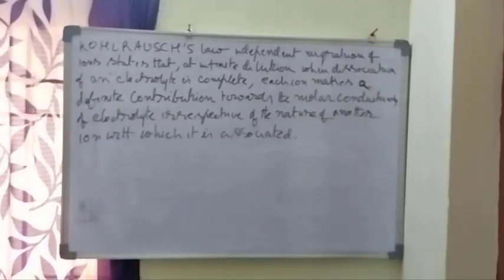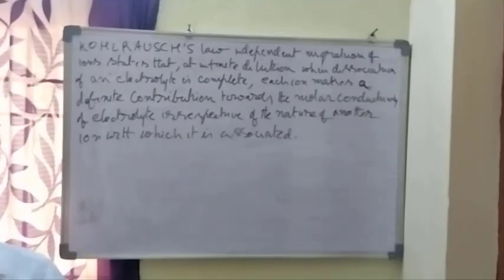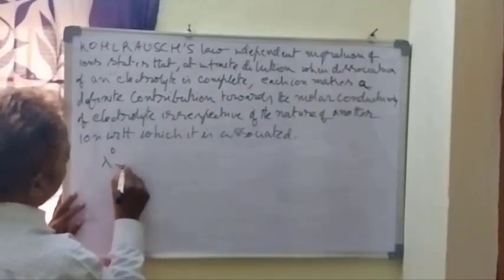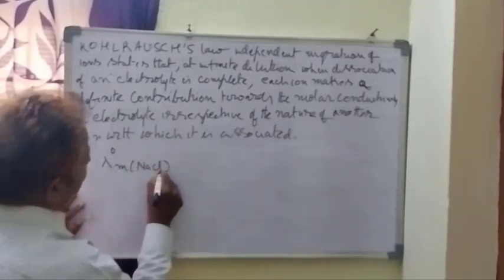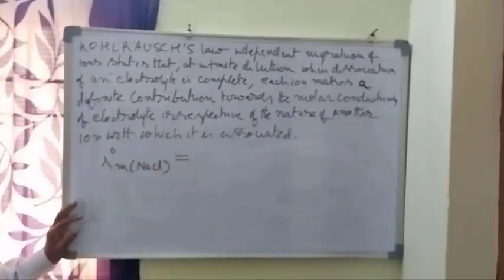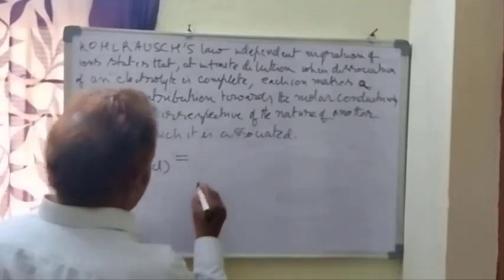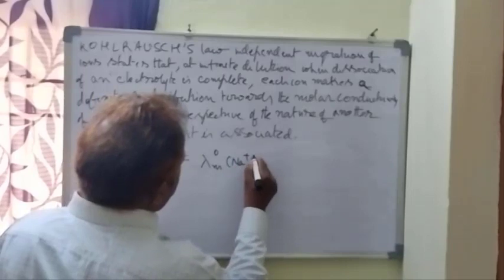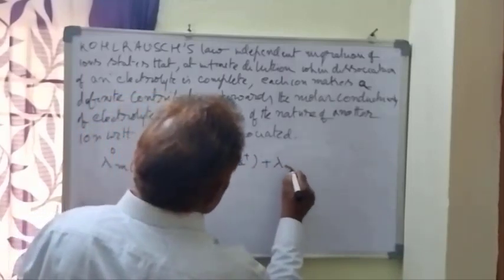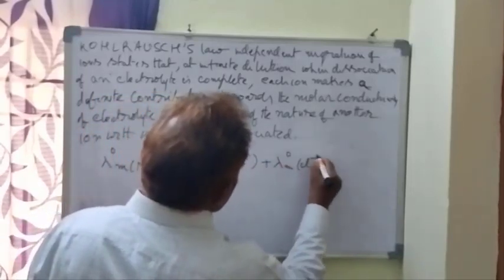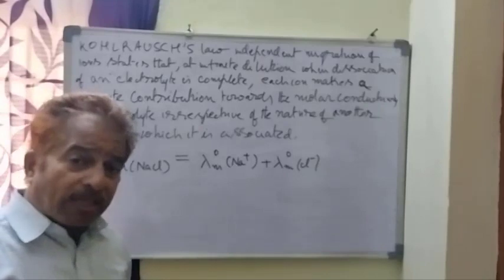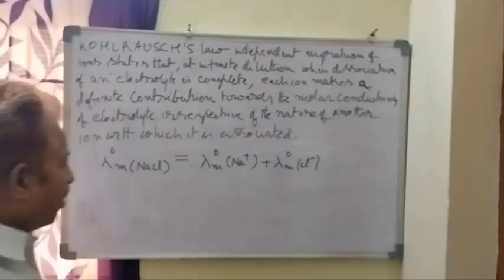Thus, the limiting molar conductivity of an electrolyte, lambda m naught, is equal to lambda m naught of Na plus plus lambda m naught of Cl minus. So limiting molar conductivity of an electrolyte can be obtained by adding the limiting molar conductivities of individual ions.